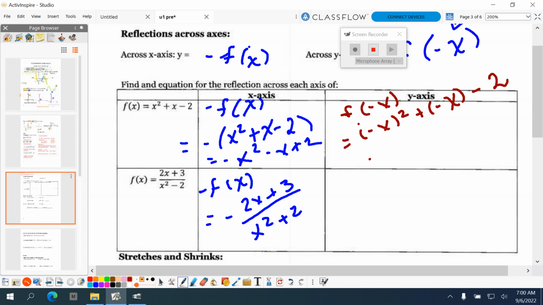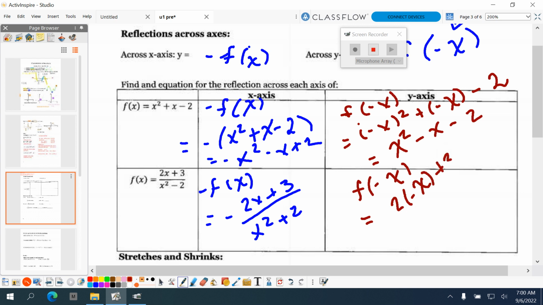So I have equals, we get x squared minus x minus 2. Look at the bottom. So we have the same thing, f of negative x, and these are all essential. Okay, this is equal to 2 times negative x plus 3.